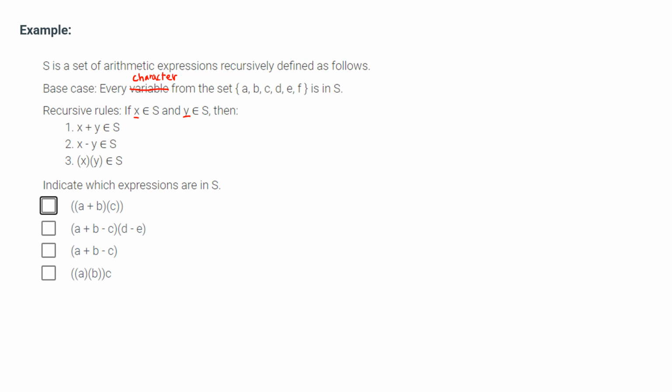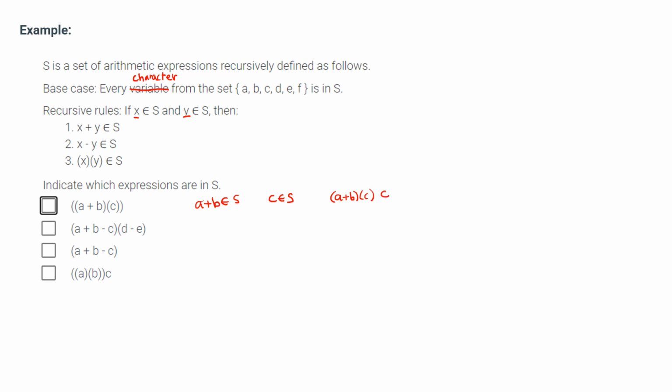Well, we know A and B are both in there, so we know that A plus B is in S, and we know that C is in S, so we could at least get this. We could put them together, but we have to have parentheses around them. So we could get that, okay?